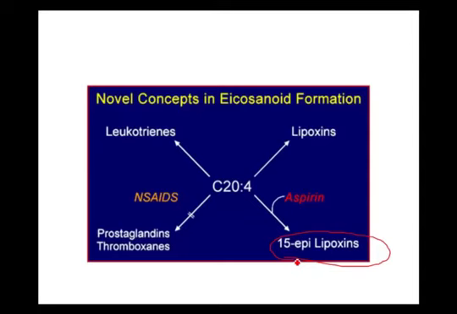At least nobody has yet. Maybe they're out there. And mechanistically, we've found that these compounds inhibit neutrophil adhesion and inhibit cell proliferation. And these are the supposed believed mechanisms that contribute to aspirin's anti-inflammatory activity.